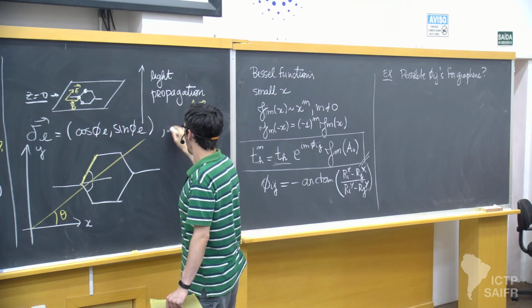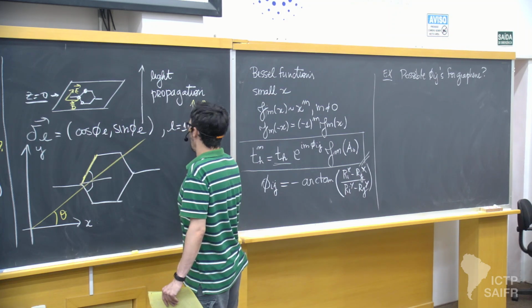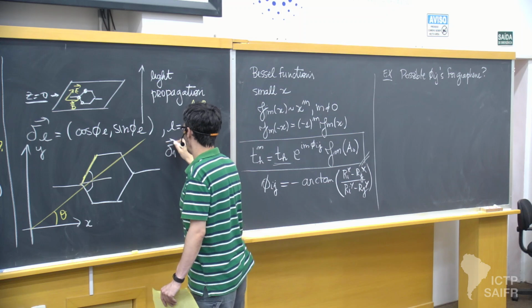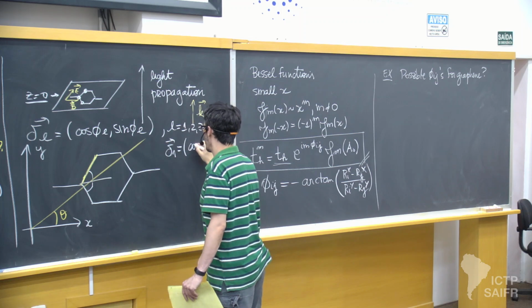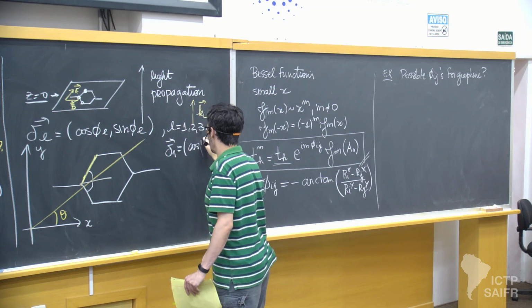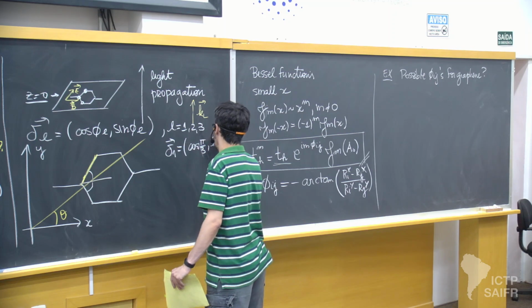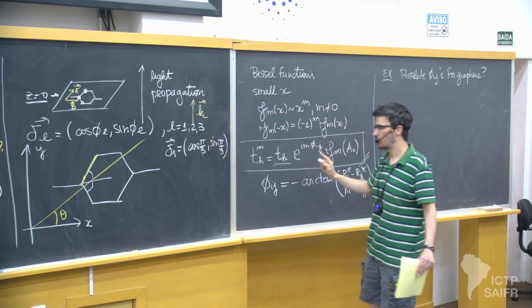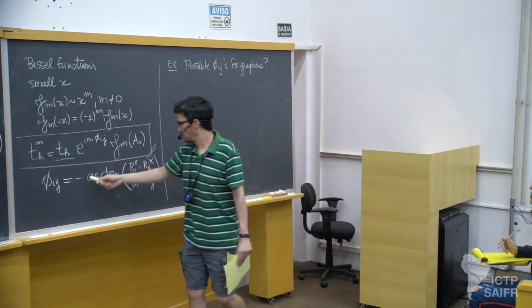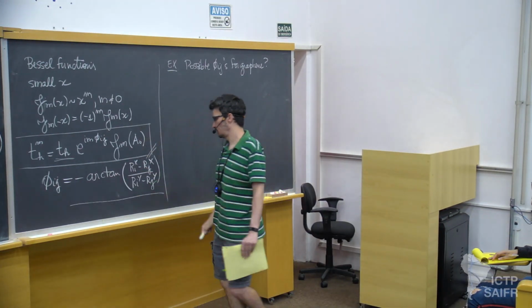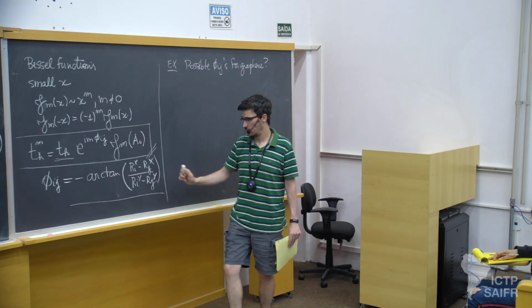So here l is 1, 2, and 3. And to avoid this, let me just say that, for example, this is cosine of pi by 3, and sine of pi by 3. But that's a good point, thank you. We are running out of Greek letters. This phi is just, by definition, this guy. By definition, this guy.